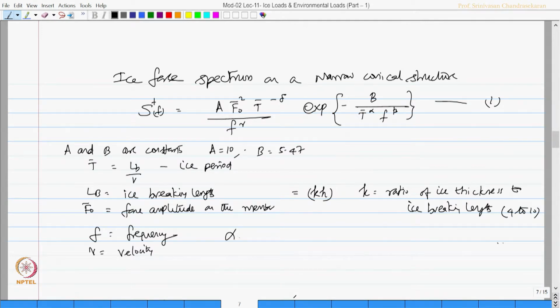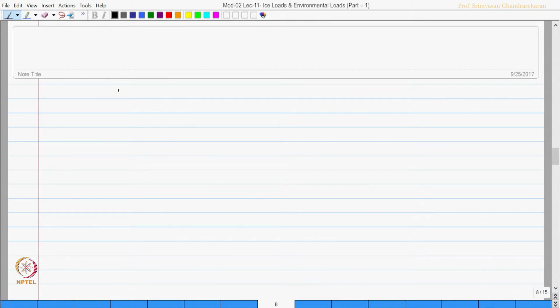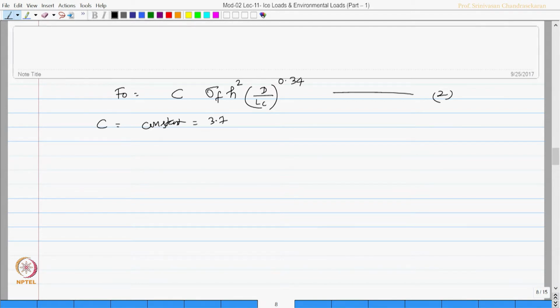The constants alpha is 0.64, beta is 0.64, and F 0 is given by C sigma f h square d by L c to the power 0.34, where C is again a constant, which is 3.7.